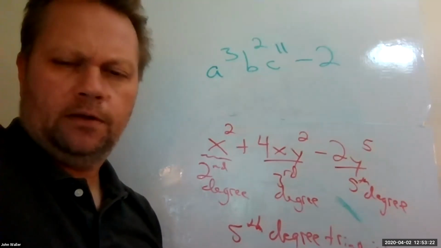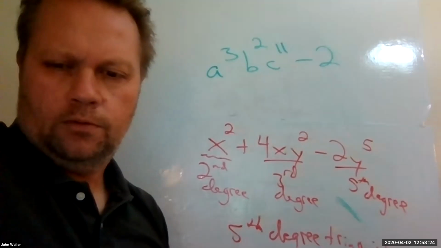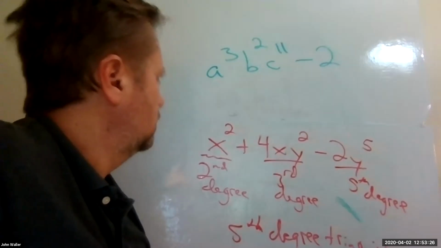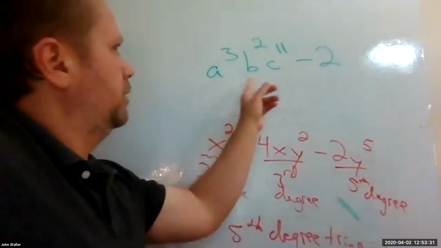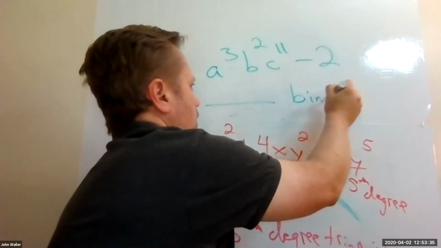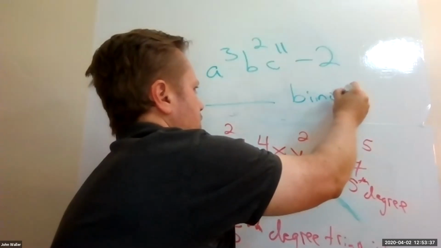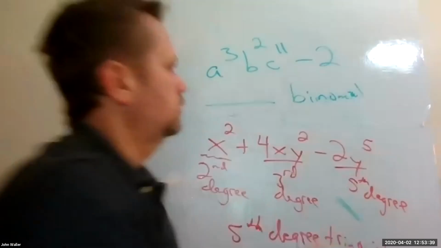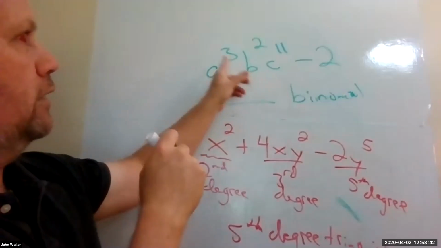Can you guys see that okay? Yes. Binomial. Bi. Yeah, it's a binomial. I like it. So let's put binomial here. Let me leave some room here. Jeff, can you spell? Obviously not. So it's a binomial. What's the degree of this first term?